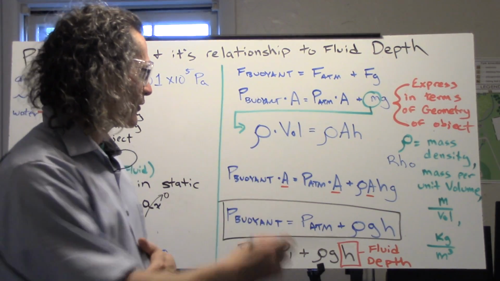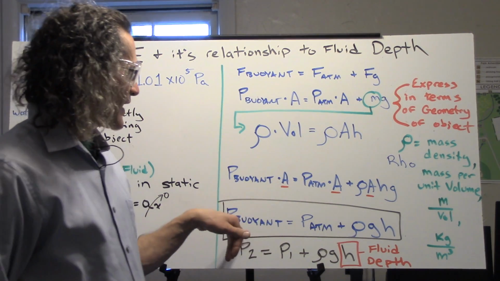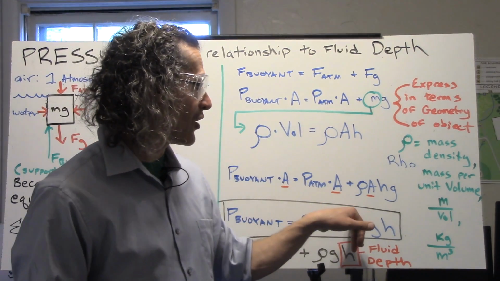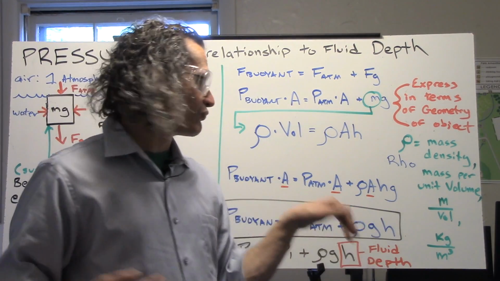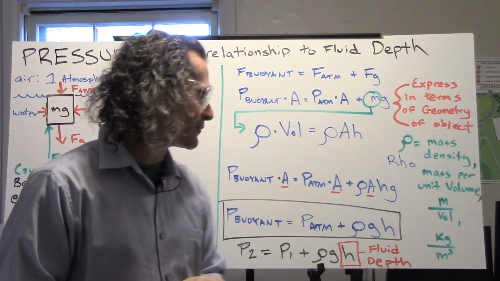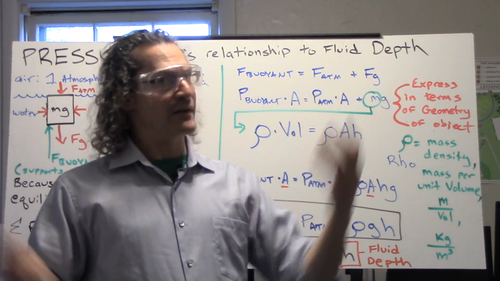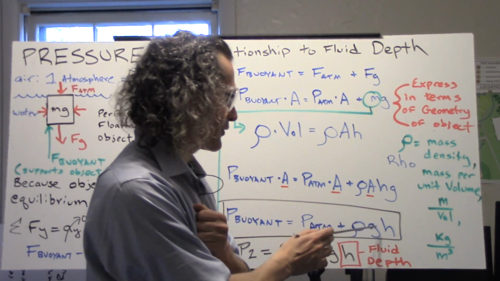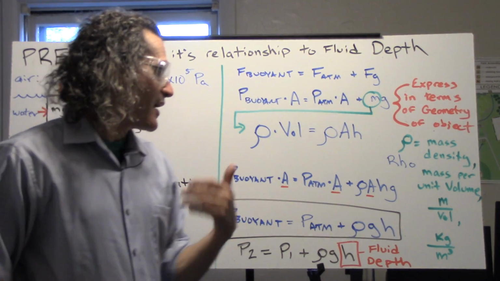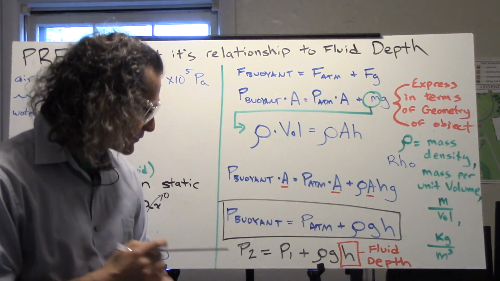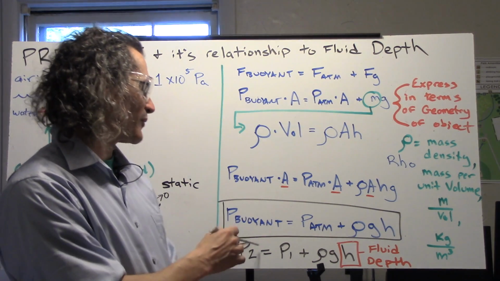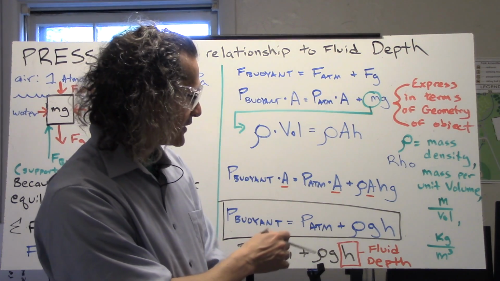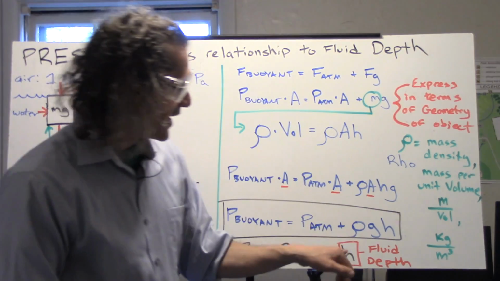No more area, and what we have is this expression: the buoyant pressure is equal to atmospheric pressure plus rho gh. Generally it's written as rho gh, which just floats over the tongue much better for me than rho hg. So that's density times acceleration due to gravity times h. It is more commonly written as P2, some arbitrary pressure down below, equals an original pressure plus the added rho gh, where h is the fluid depth.